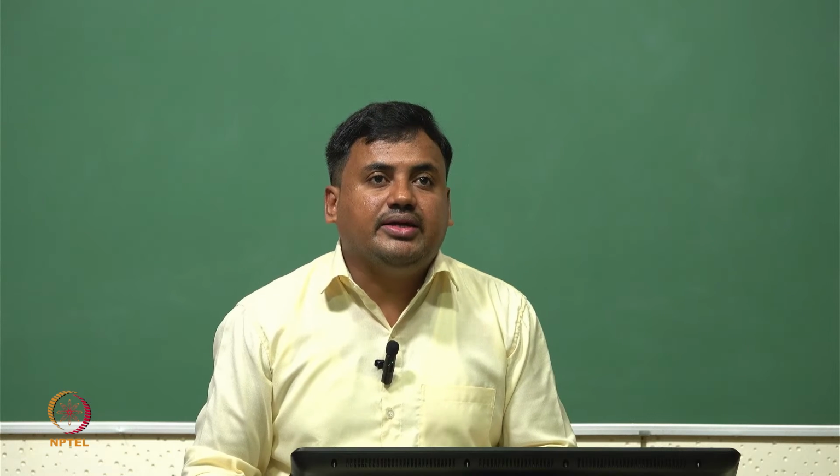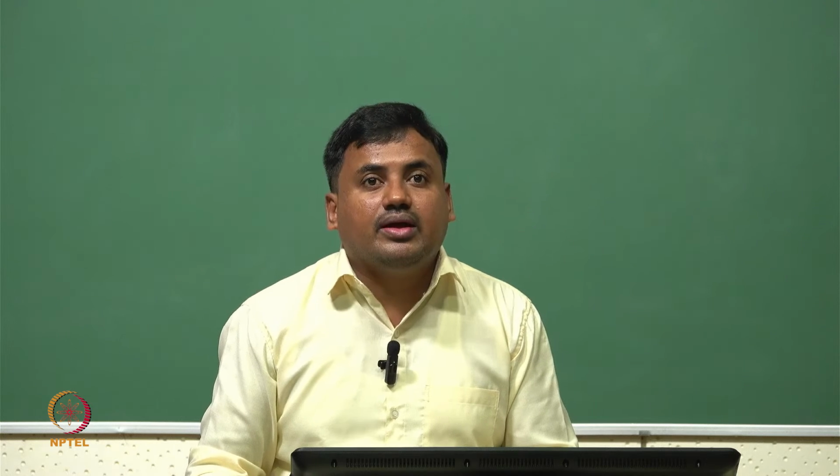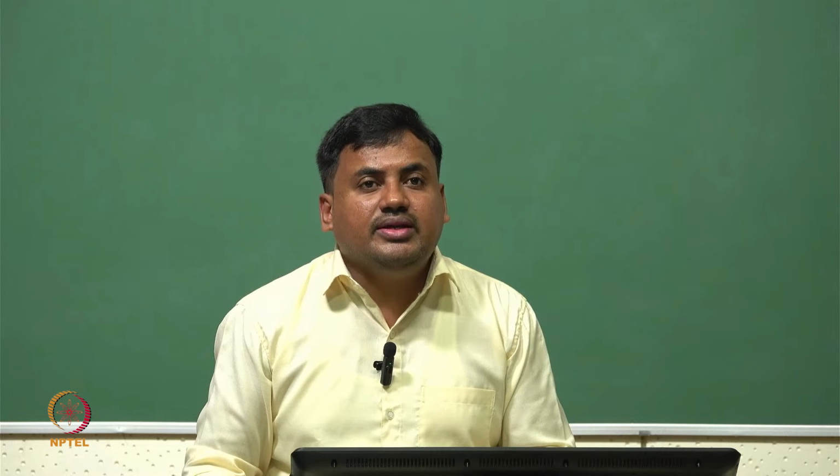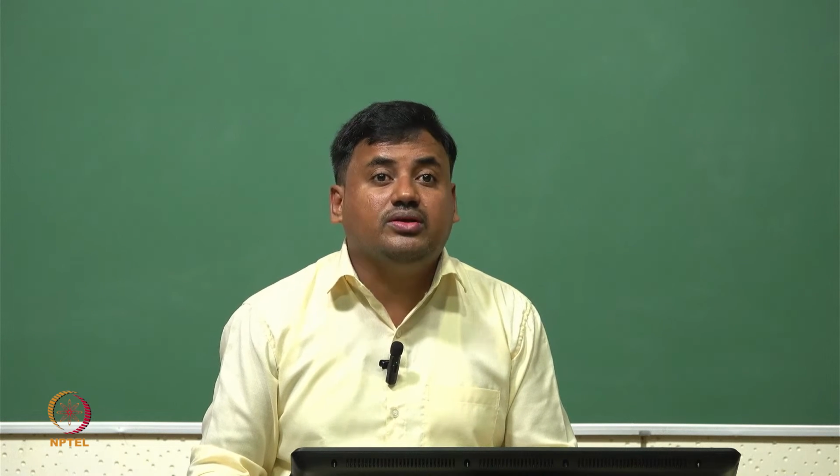Another chart is the diverging bar. A diverging bar chart is particularly useful when we want to highlight and compare the positive and negative values within the data sets. This kind of bar can show both positive and negative values. These are often used for Likert scales.